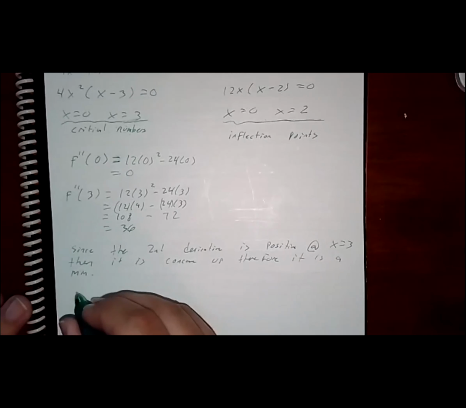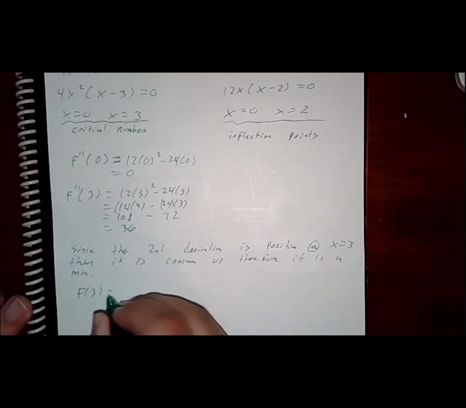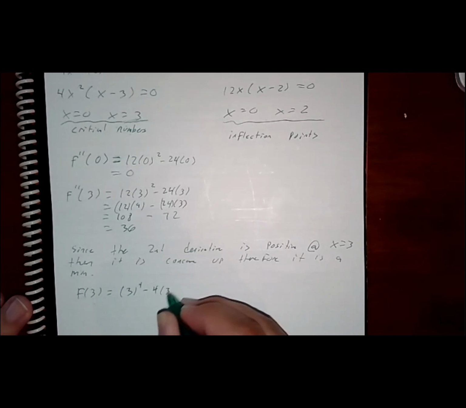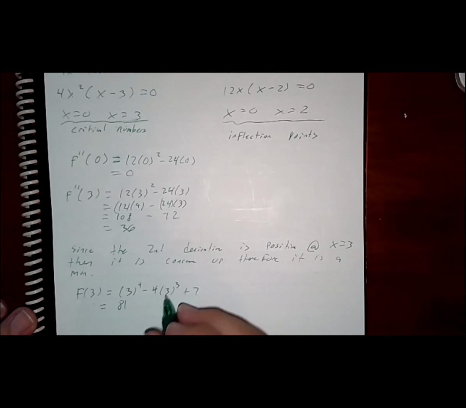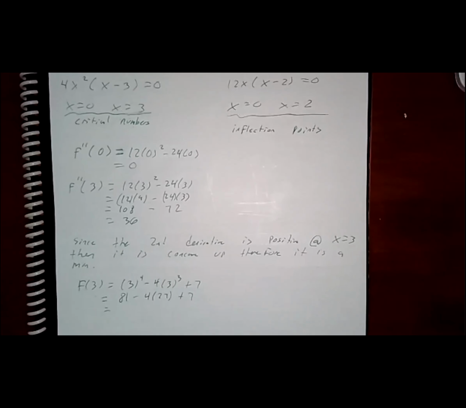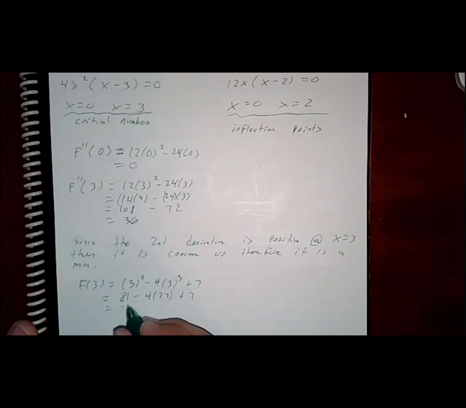But we need the actual y value. So the next thing you have to do is plug the 3 into the original. 3 times 3 is 9, times 3 is 27, times 3 is 81. That's going to be negative 20.